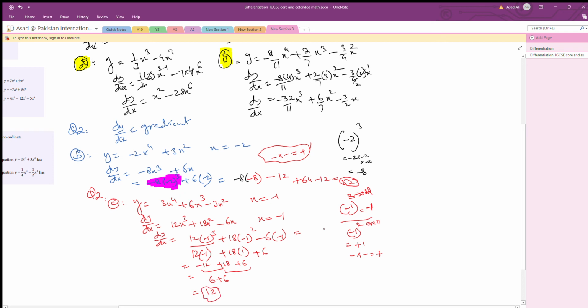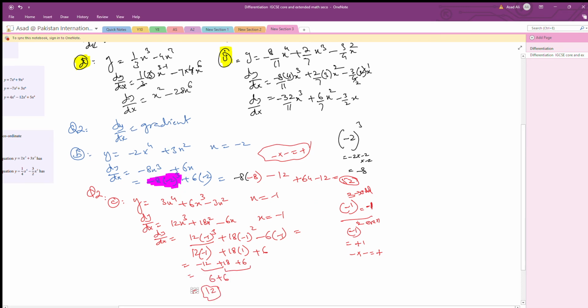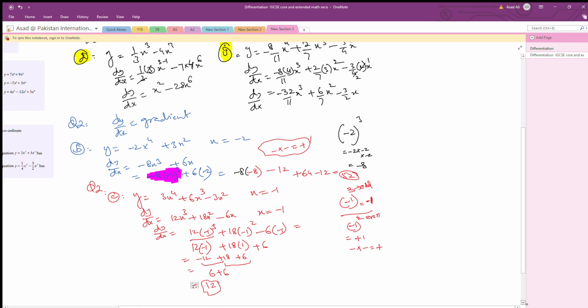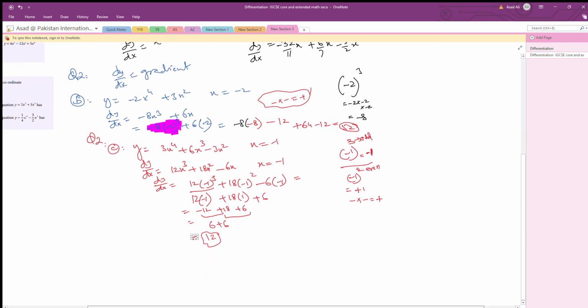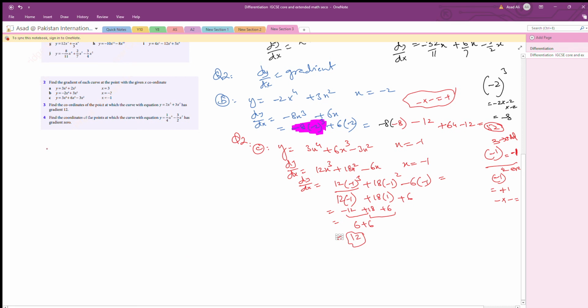Okay. Now let's do question 3. Question 3 says, find the coordinates of the point at which the curve with equation 2x cube plus 3x square has gradient 12.